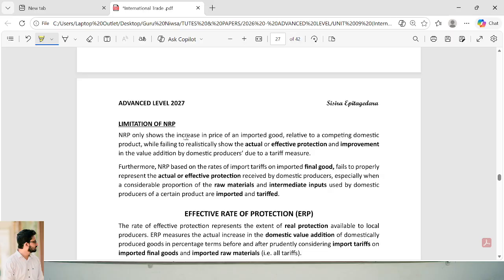NRP does not give us any idea whether the domestic producer actually got protection. NRP only shows the increase in the price of an imported good relative to the competing domestic product, while failing to realistically show actual or effective protection and improvement in the value addition.